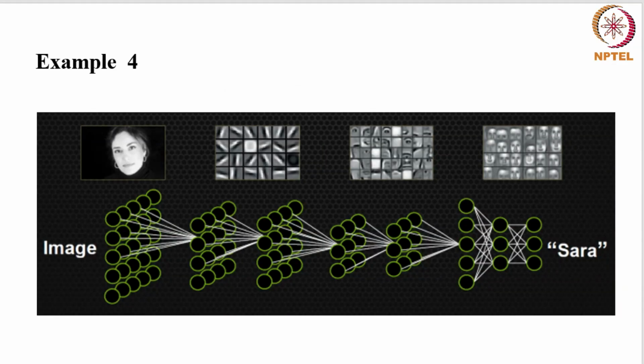So the last example I want to show you has a different character. Essentially this is an example where the input is not a well-ordered digital feature set, but the input is images. So if you want to give such a task to this kind of network, it has to solve 2 kinds of tasks.